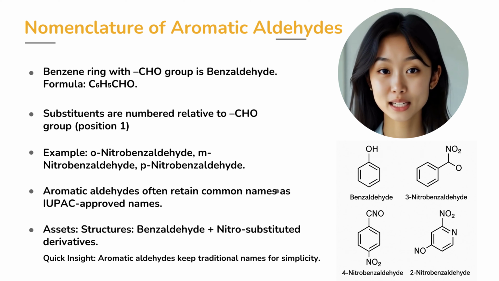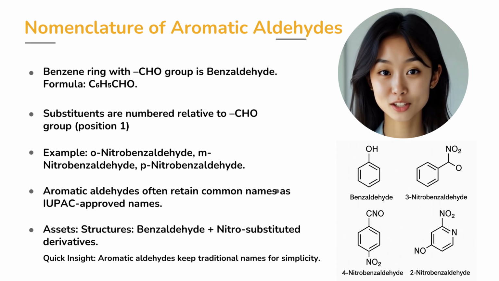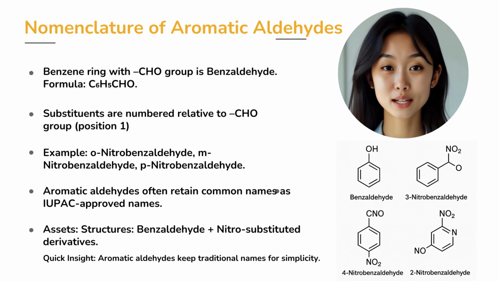When a benzene ring carries a CHO group, the compound is simply called benzaldehyde with the formula C6H5CHO. For substituted derivatives, the carbonyl group is given position 1 and other groups are named relative to it as ortho, meta, or para positions.